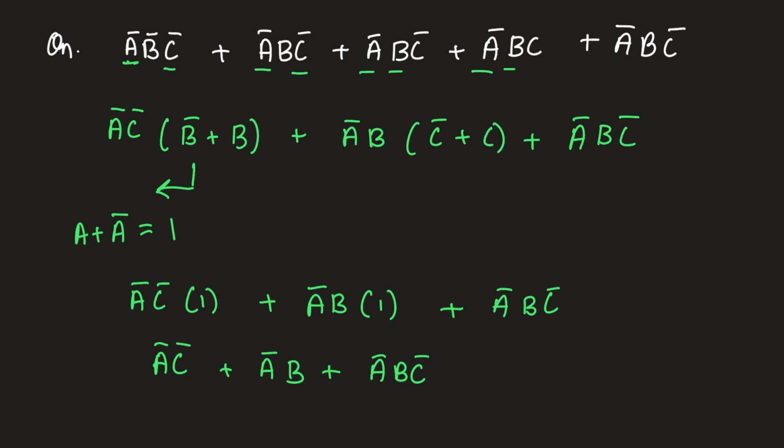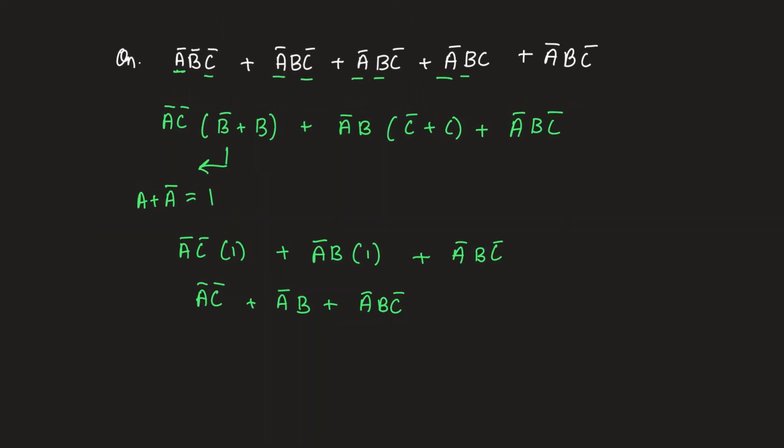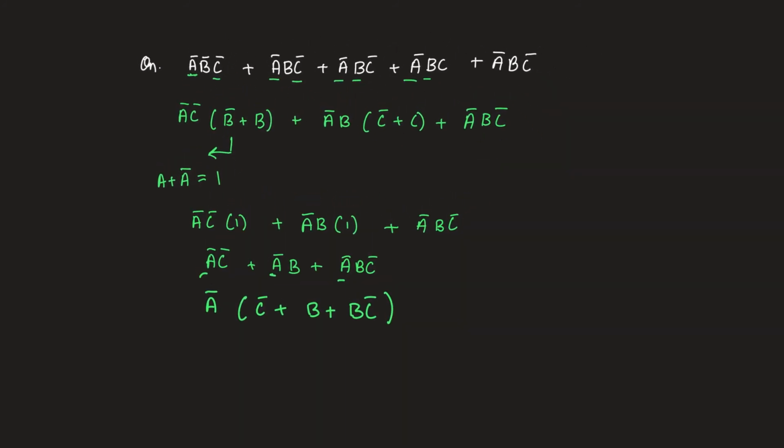Can we further simplify this? Let's look at it, okay? Yeah, we could probably take out a complement common for all of these. We'll have a complement, c complement plus b. Right, we took out a complement. We have c from this term, b from this term, and b and c complement over here. Let's see what happens.